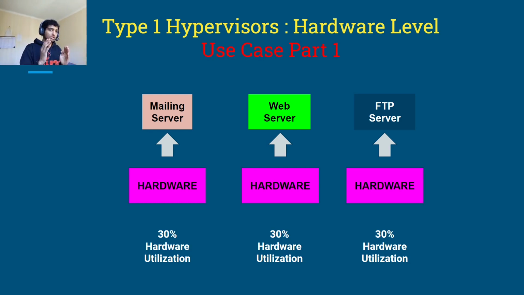Now let's say your organization is not using each of those devices to its full capacity. Let's say it's only using 30% of the hardware capacity, right? You're actually wasting 60% of the hardware resources available to you for each of those computers. Basic business is about reducing your opportunity cost, so that you can be more efficient or effective.